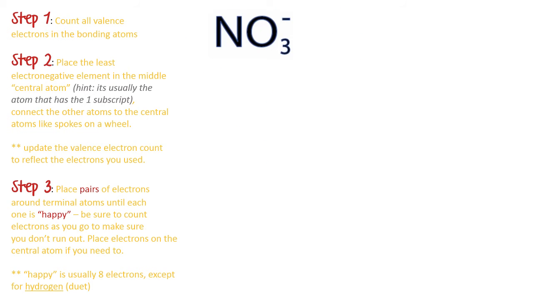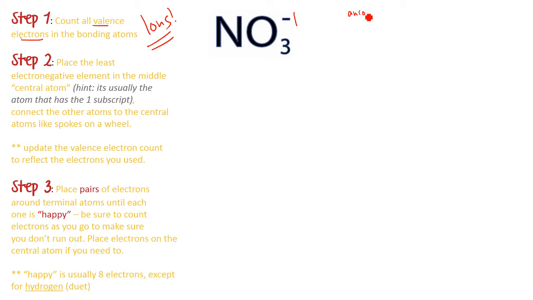Okay, last example. Now we're going to look at ions, right? Everything we've done so far has had a neutral charge, but this is nitrate, a polyatomic ion that you had to memorize in Chapter 3. It carries a -1 charge, the 1 is implied. So when we're adding up the valence electrons in the bonding atoms, we just have to watch out for charges.